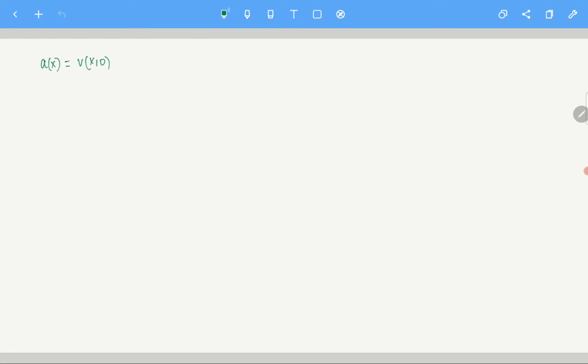So a of x is given by v of x0, which is given by ut at the point x0 minus ux at the point x0. Because v is given by ut minus ux evaluated at the point x0, and now this is given by h of x. That's the boundary condition given to you.